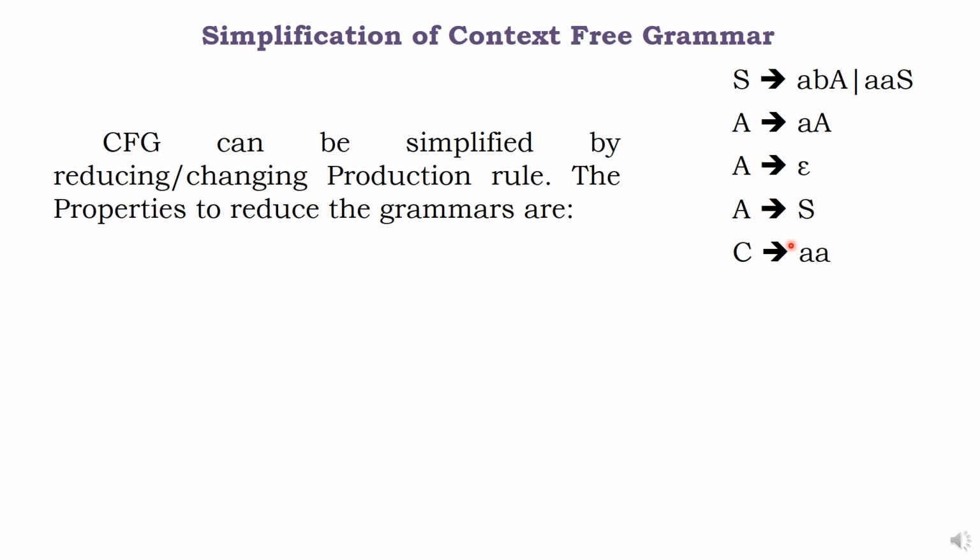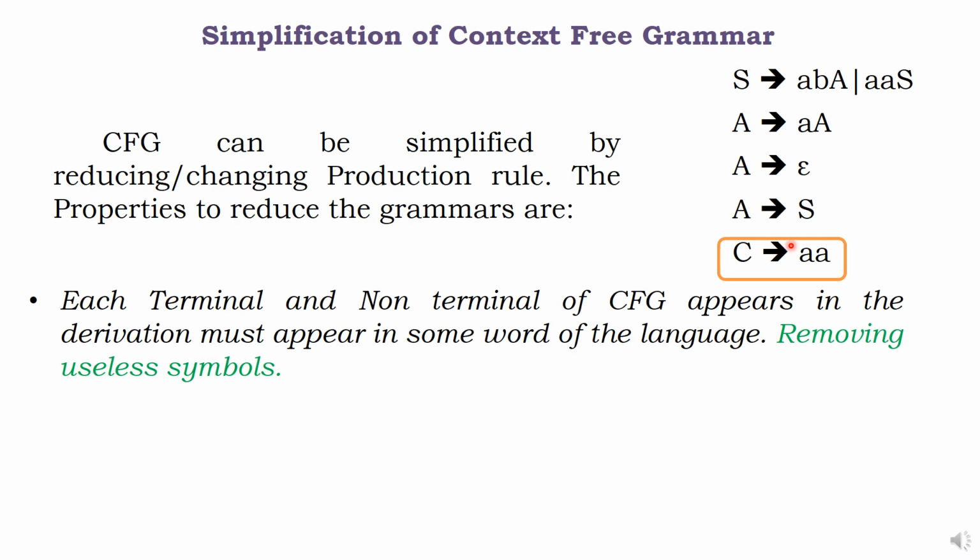We classify the simplification process into three categories. Number one, removal of useless symbols. I have mentioned one useless symbol here. What does that mean? S is linked with A, and A is producing another value.